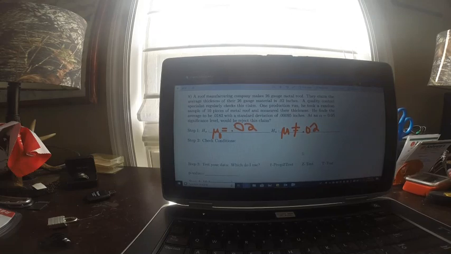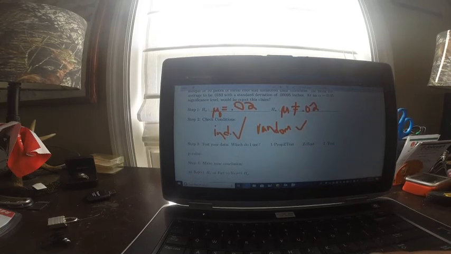Hopefully whoever tested this made sure that everything was independent and random, so we could check those conditions. Like I said, we can't do anything on the back end if he did it wrong. But hopefully, we did all those right. It's always a good idea to check your initial conditions, see if it makes sense, and if you're the one doing the testing, to make sure you do it right.